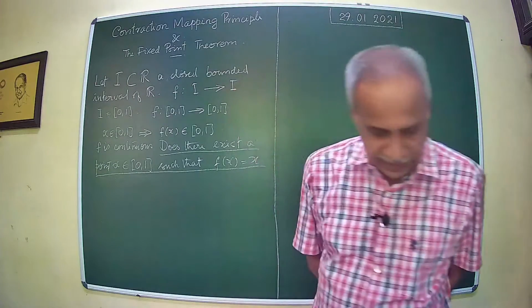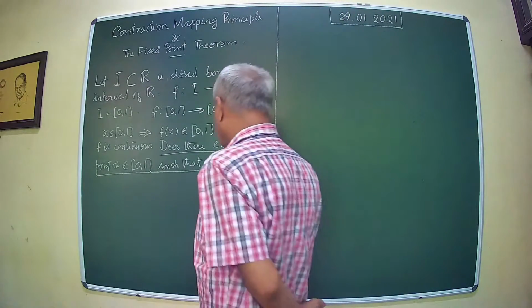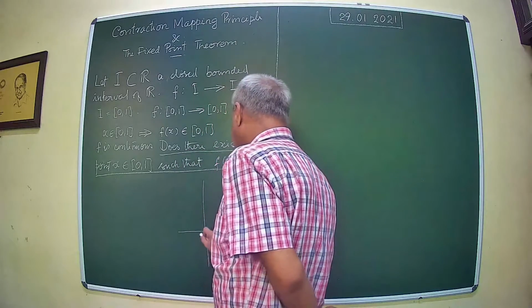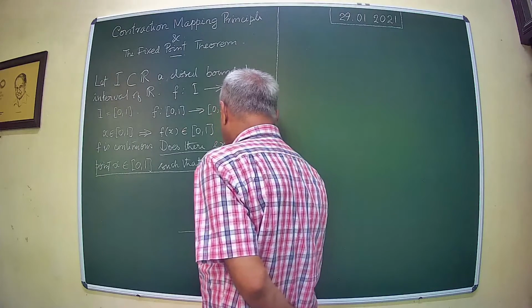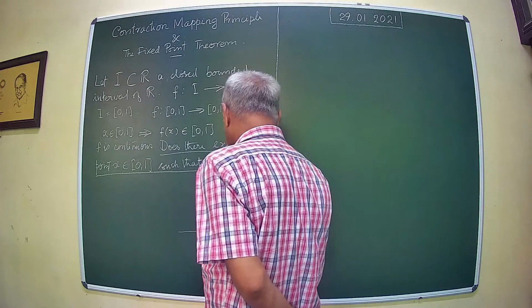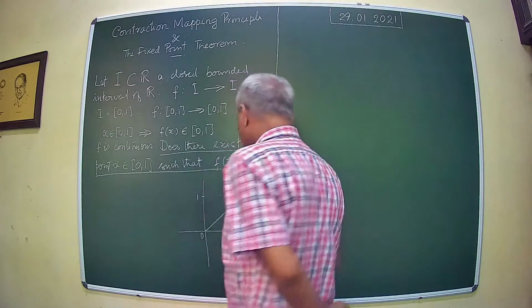Now geometrically the problem is this. You go to the graph of the function. Consider this square. You see that this is the function y equal to x.